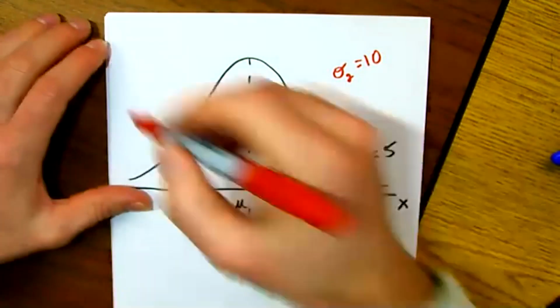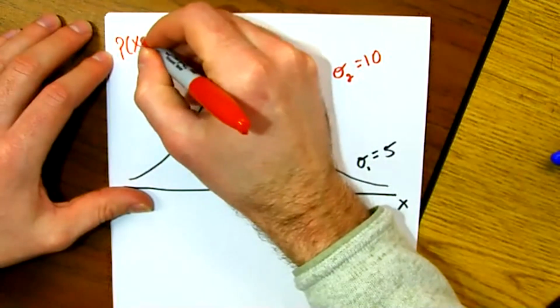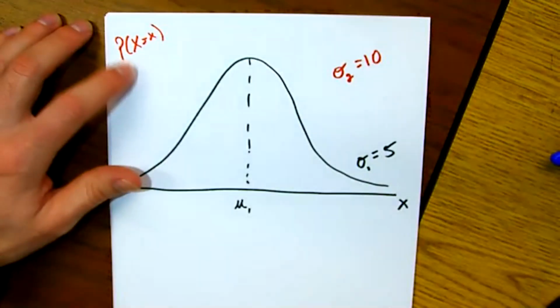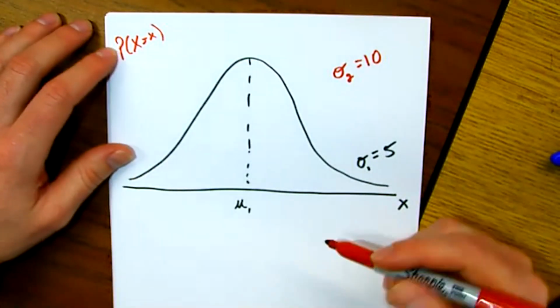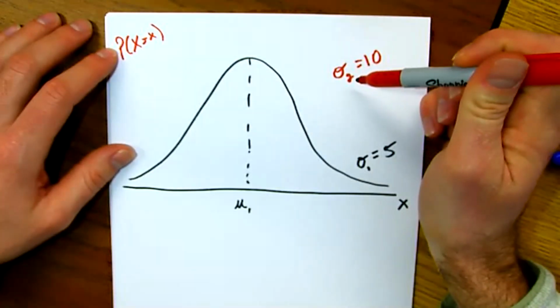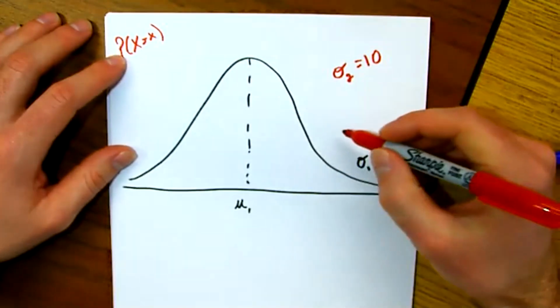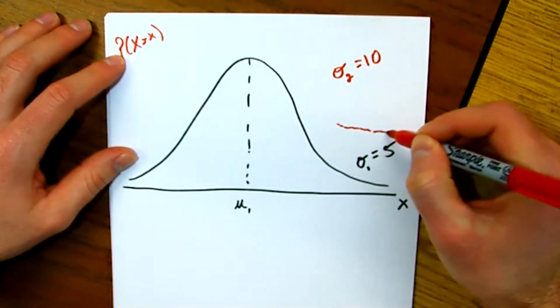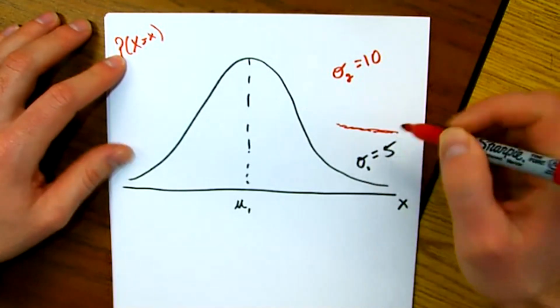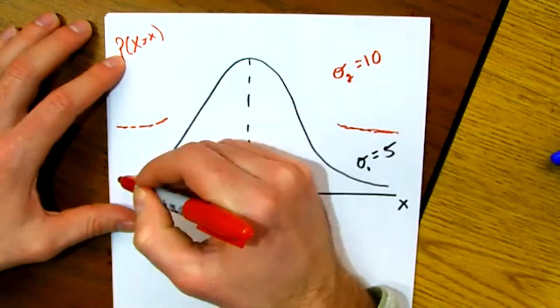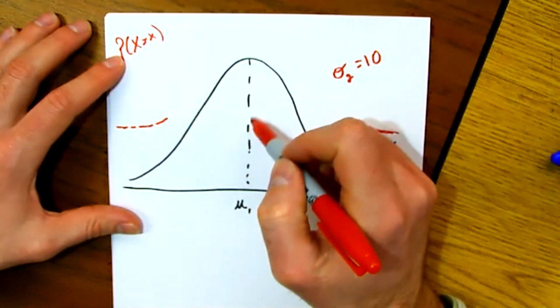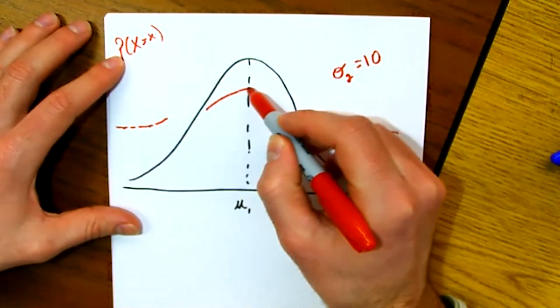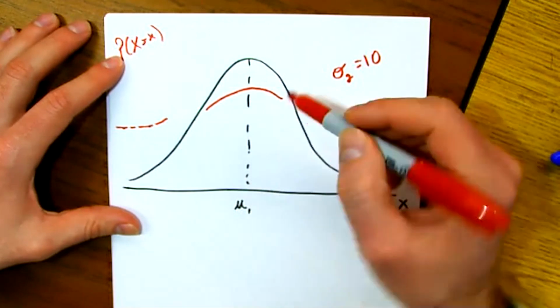If the y-axis represents the probability of x, a higher variance means the values further from the mean are more likely, and the values near the mean are less likely.